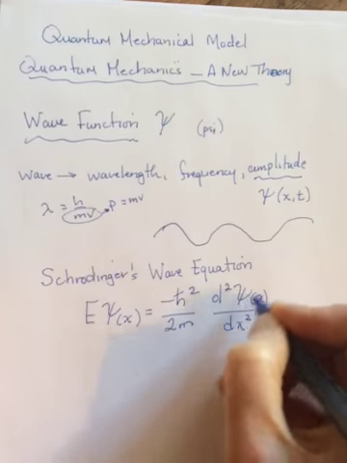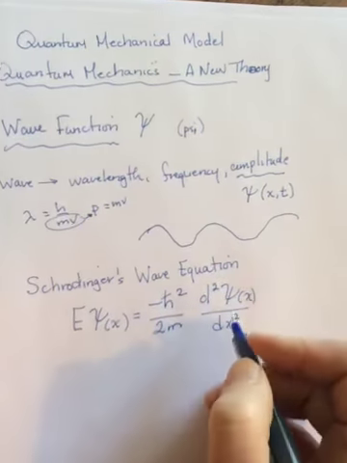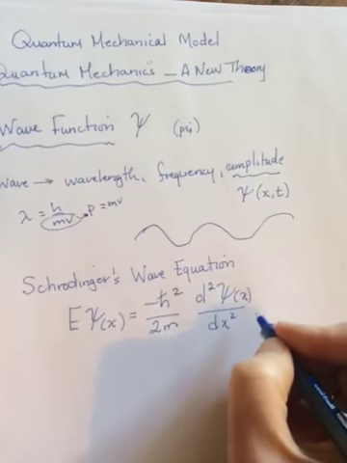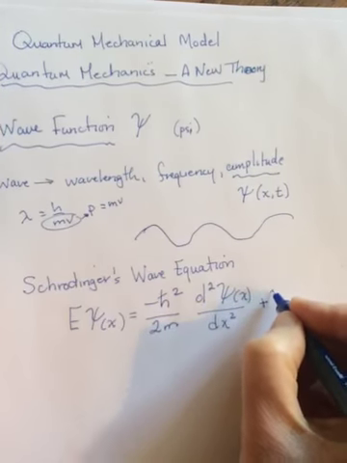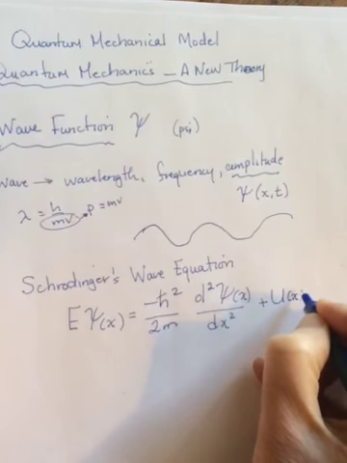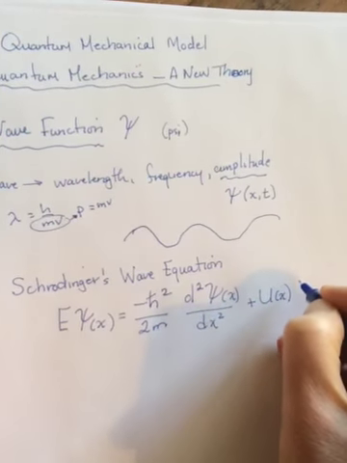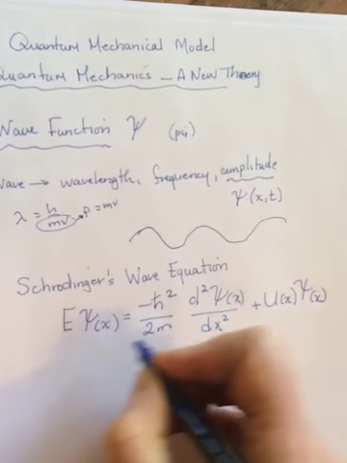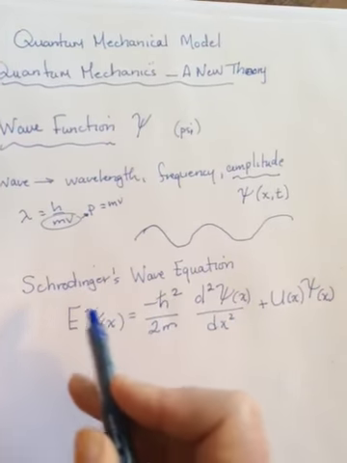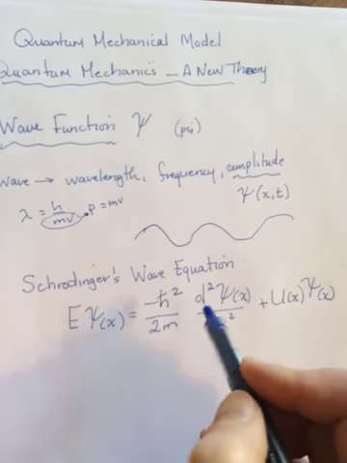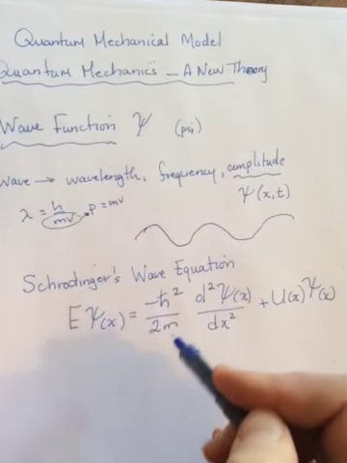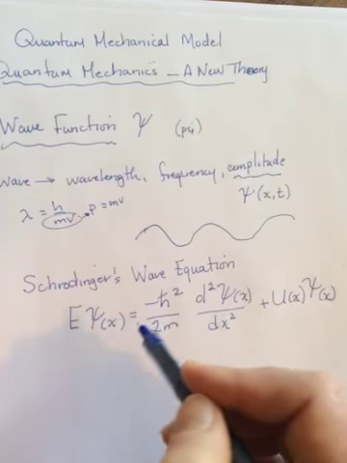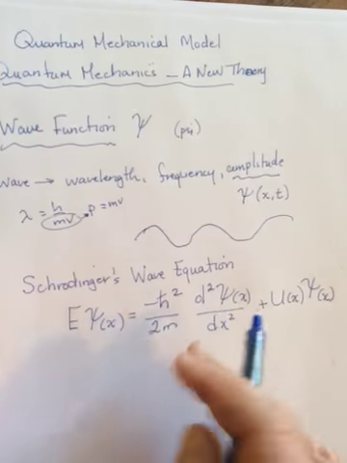This is the second derivative with respect to position of the wave function, plus the potential energy with respect to position times the wave function again. So this is Schrodinger's wave equation, which he figured out to try to determine where an electron is at any given moment in an atom with respect to position.